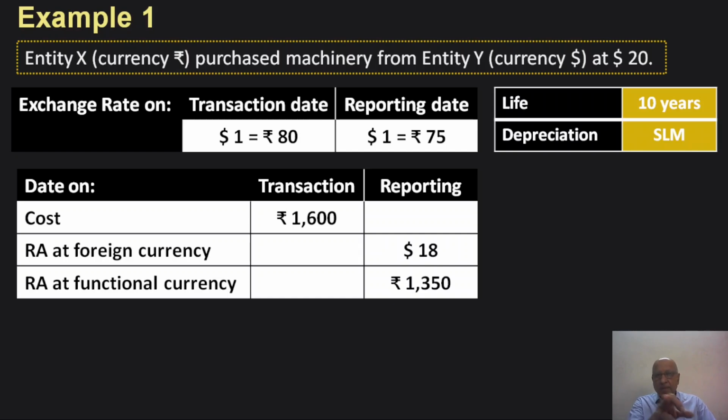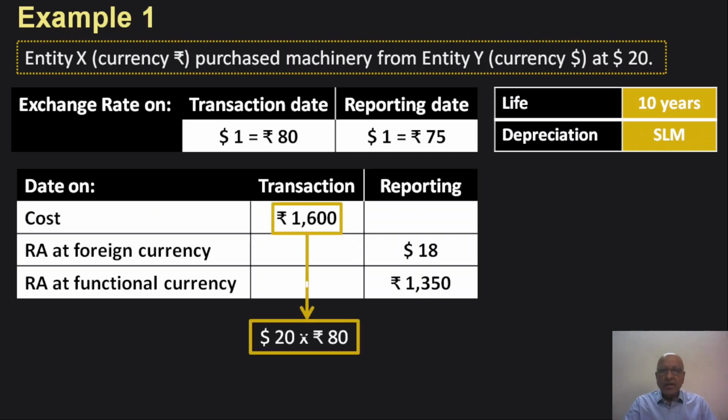The life of the machinery is 10 years and they follow the straight line method of depreciation. That means for 1 year, depreciation will be 1/10 of the cost of the asset. What is the cost? It is rupees 1,600. How do we get it? Purchase for $20, exchange rate is 80. So cost in functional currency is 1,600.